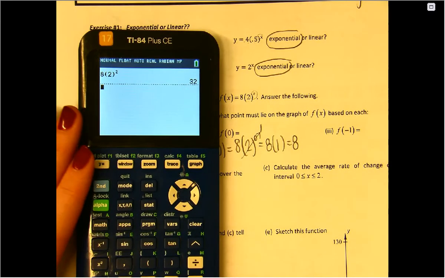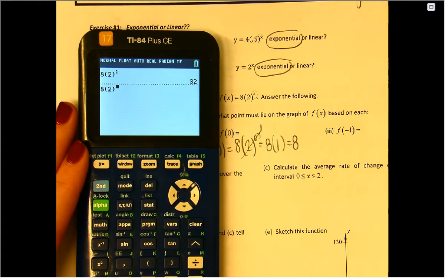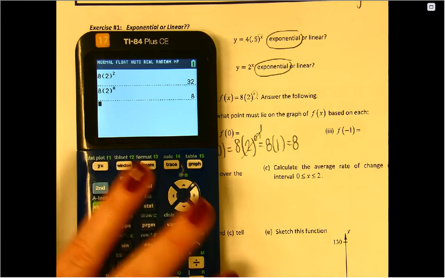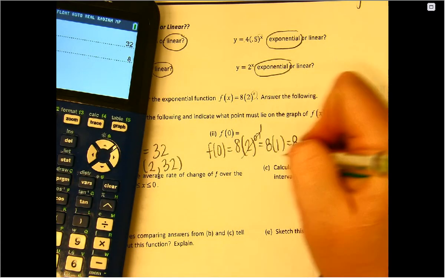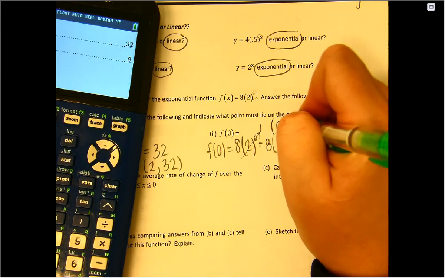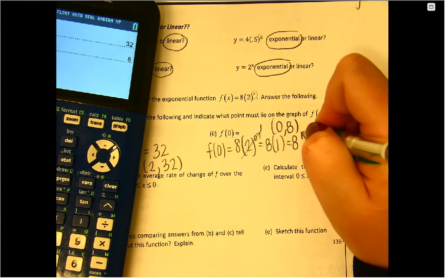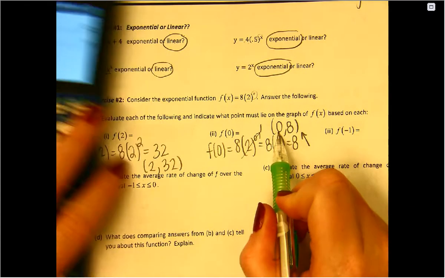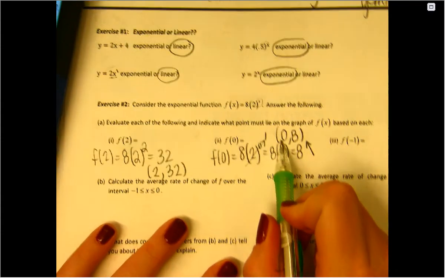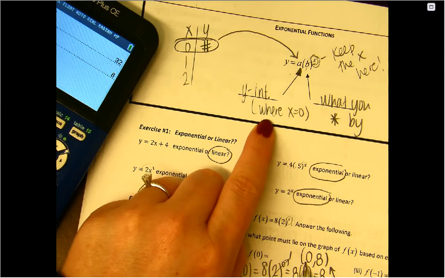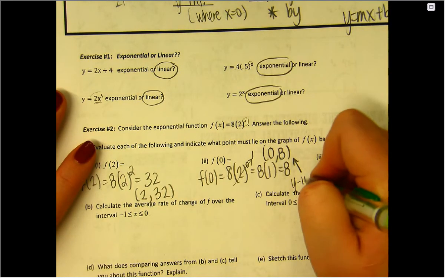We want to prove it to ourselves. There it is. What is this point? My x value is 0, my y value is 8, and notice what I have here. I have the y-intercept. Where x is 0, this is my y-intercept.